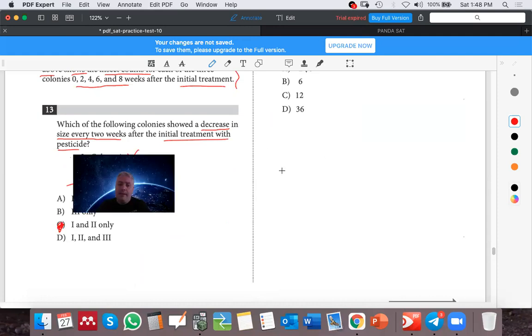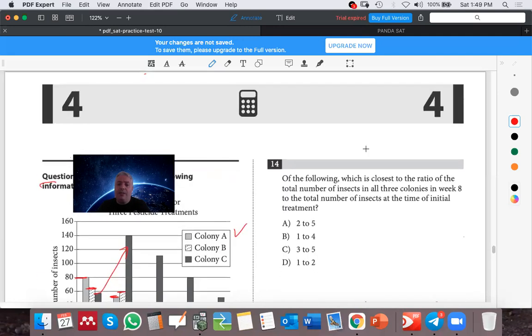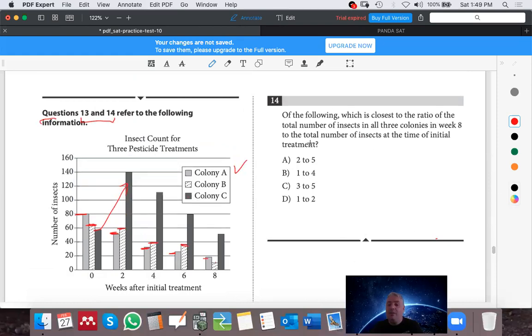Okay. Now, let me go to question number 14. Same thing now. I mean, same graph, 13, 14. Of the following, which is the closest ratio of the total number of insects? When you talk about the ratio, draw one fraction bar. And first you put the numerator and then denominator. So read the question. Ratio, now it starts, of the total number of insects.